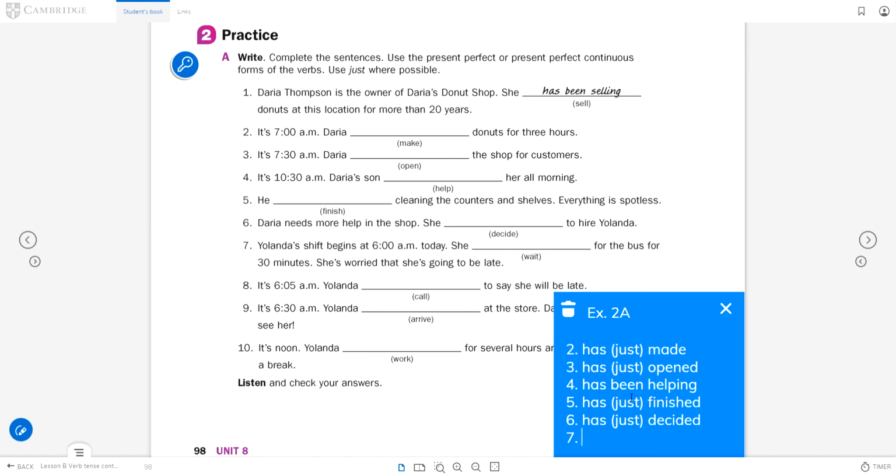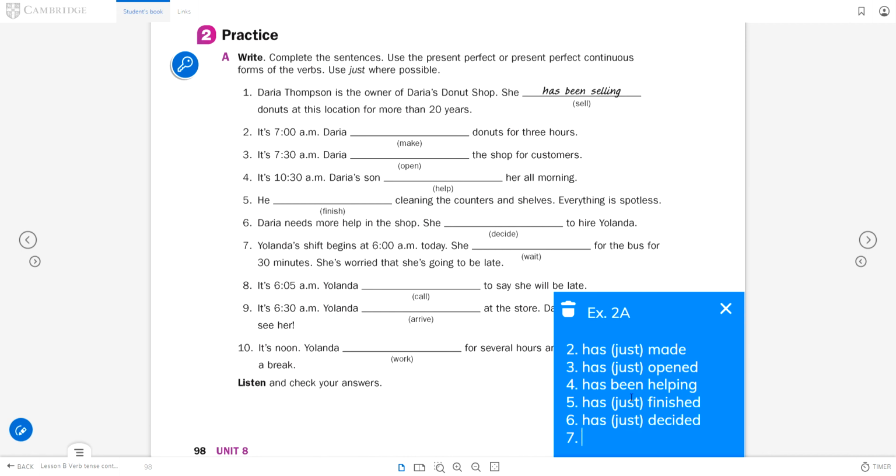Yolanda's shift begins at 6 a.m. today. She for the bus for 30 minutes. She's worried that she's going to be late. This sentence gives me the idea of an ongoing action, and it didn't finish. It keeps going.